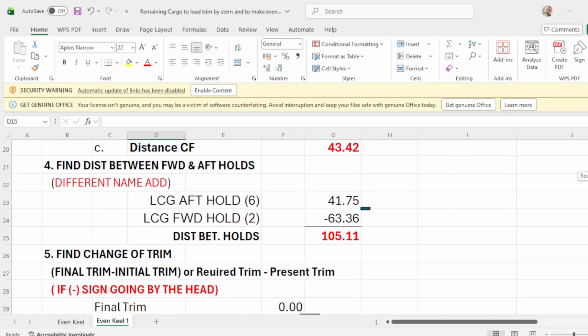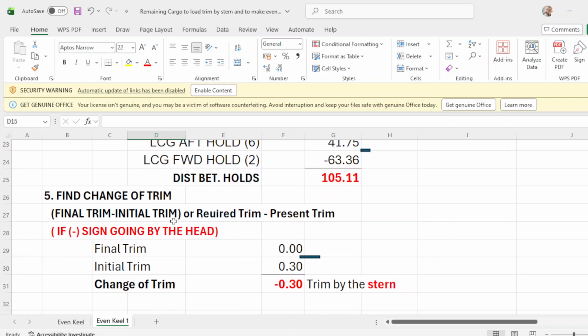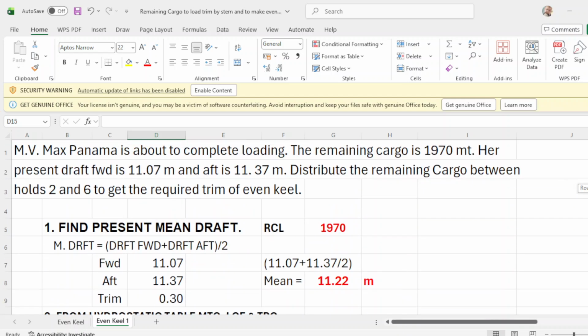Okay? Then here, find change of trim. The formula is final trim minus initial trim or required trim minus present trim. So your final trim is even keel and your initial trim is 0.30, which is this one. Initial trim is 0.30.